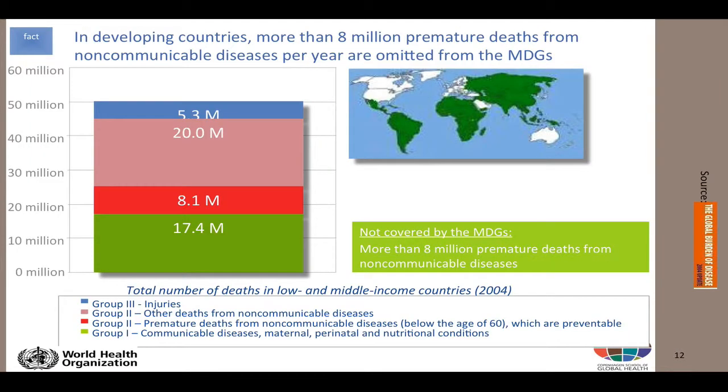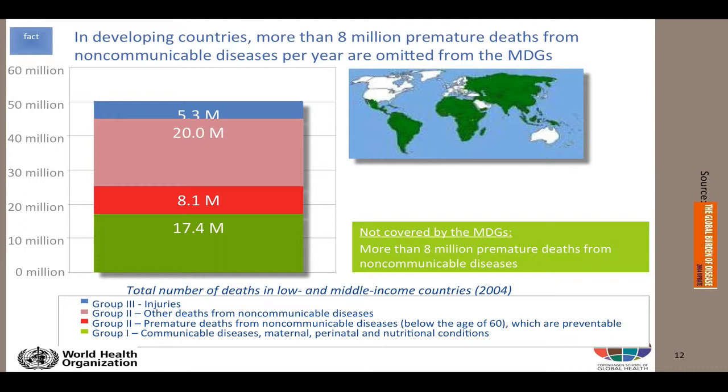For the argument that current development frameworks are not covering NCDs, this statistic was used, demonstrating that in developing countries about 8 million premature deaths from NCDs are not covered by the current MDG goals.